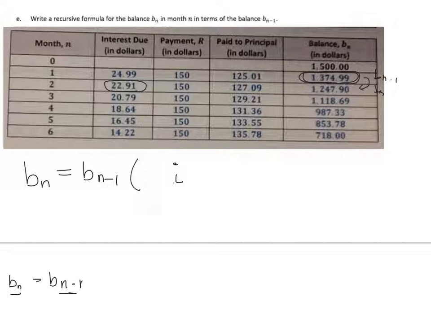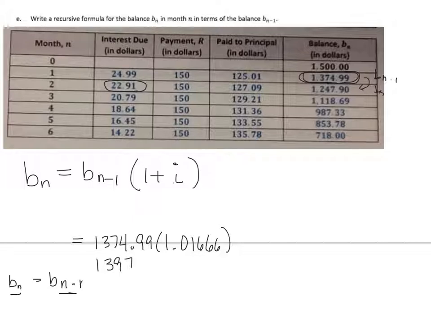If I take that 1374.99 and I multiply it by 1 plus my interest rate, let me give you an example. I just did 1374.99 times 1.01666. That gives me 1397.89.